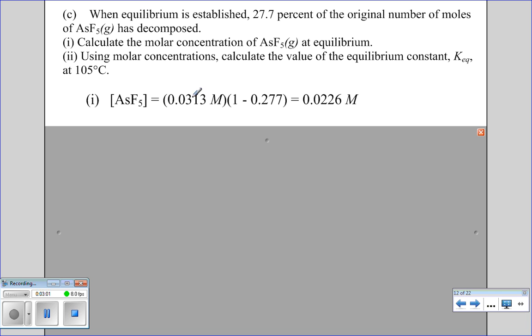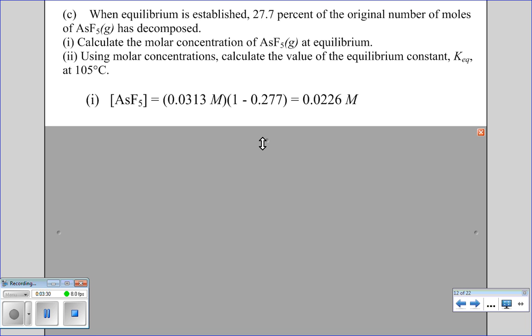If I had 0.0313 moles per liter and I lost 27.7%, that's what this is doing. It's figuring out what's it like if I lose 27.7%. So at equilibrium, I would only have 0.0226 moles per liter of arsenic pentafluoride remaining.